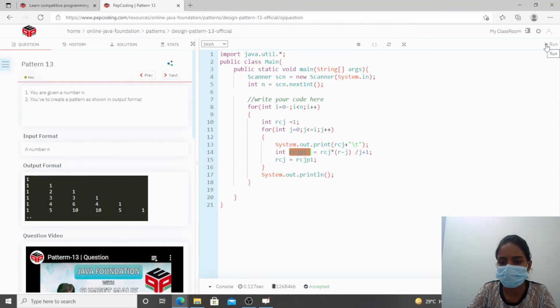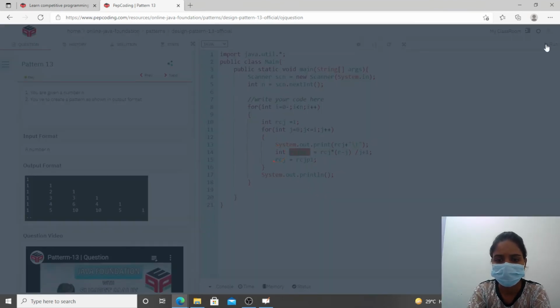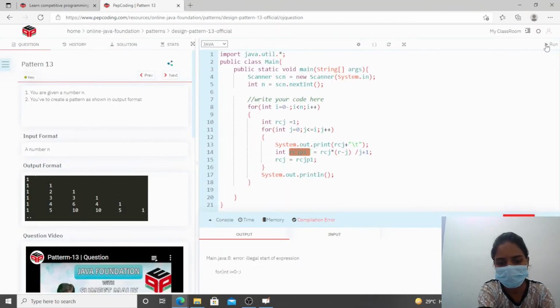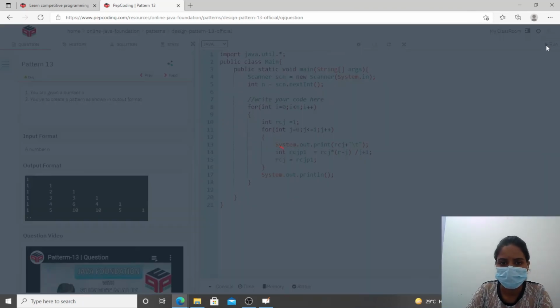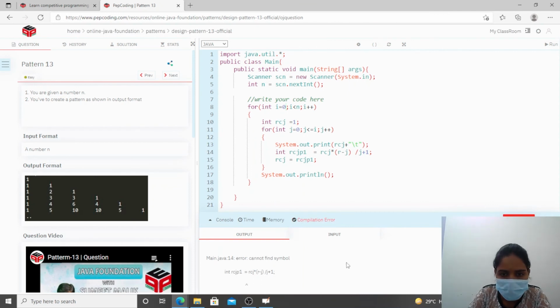So let's try to run our code. Okay, there is some mistake of mine. Let's run it again. Cannot find symbol RCJ.